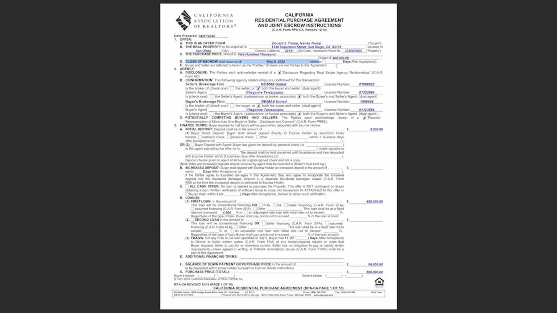Whatever suits your client's needs best is what you're going to fill in this section right here. But for our example, you'll see that I have filled in that we want our close of escrow to occur on May 6th.